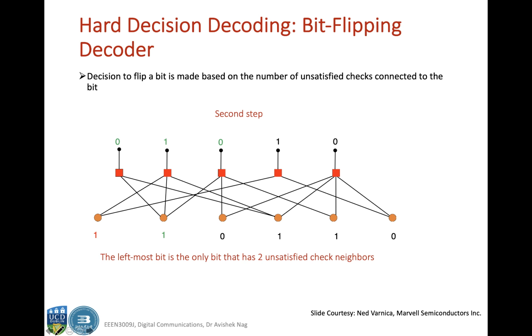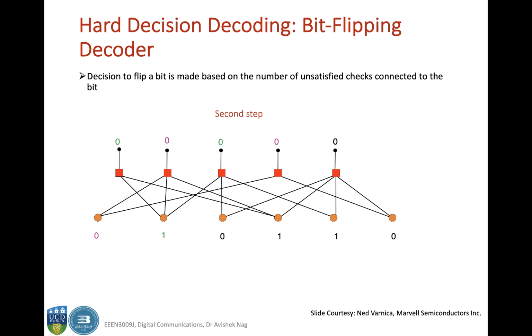Now you flip the leftmost bit. If you flip the leftmost bit, it was 1, it will become 0, and then what happens to the check bits? Now they are all zeros.